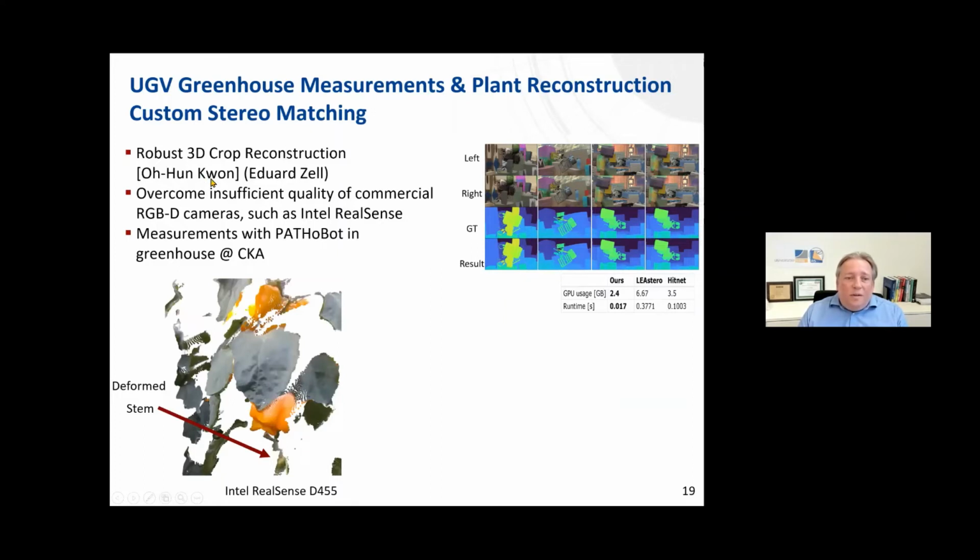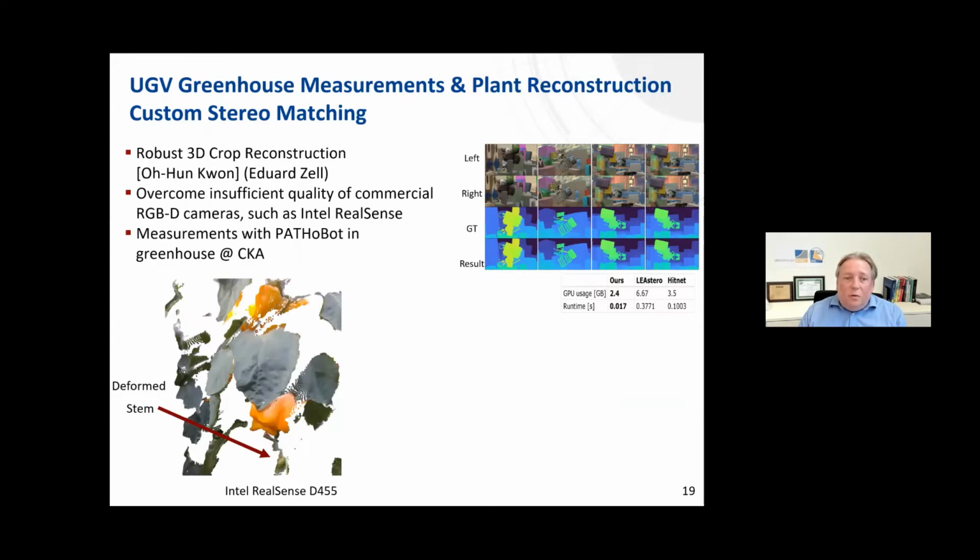Oh-Hoon Kwon, supervised by Eduard Zell, works on high-resolution stereo matching. So commercial RGBD cameras have limitations, as you see here. And we do have high-resolution cameras, but we need specific methods to reconstruct depths from these.